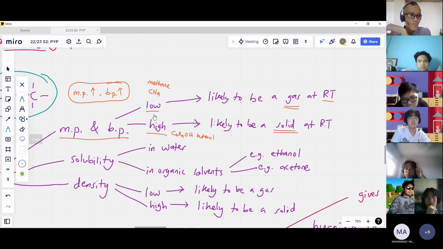Hold on. Okay, let's look at this substance. About this one. Page 202.